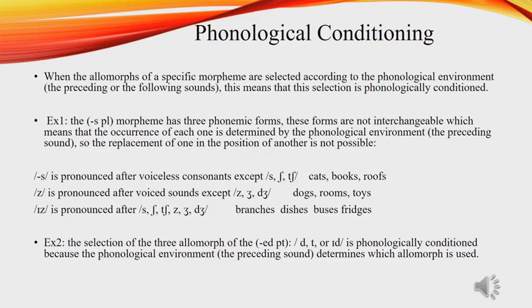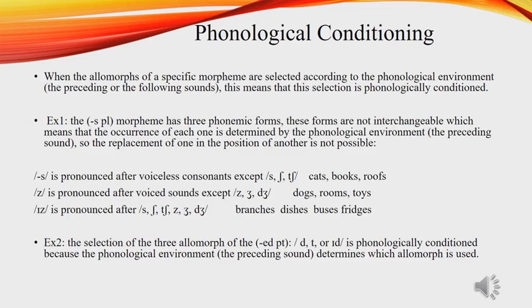Another example of the allomorphs that are phonologically conditioned is with the allomorphs of the ed past or ed past participle. This ed has three different allomorphs, /t/, /d/, or /ɪd/. Each one of them is selected according to the preceding sound.